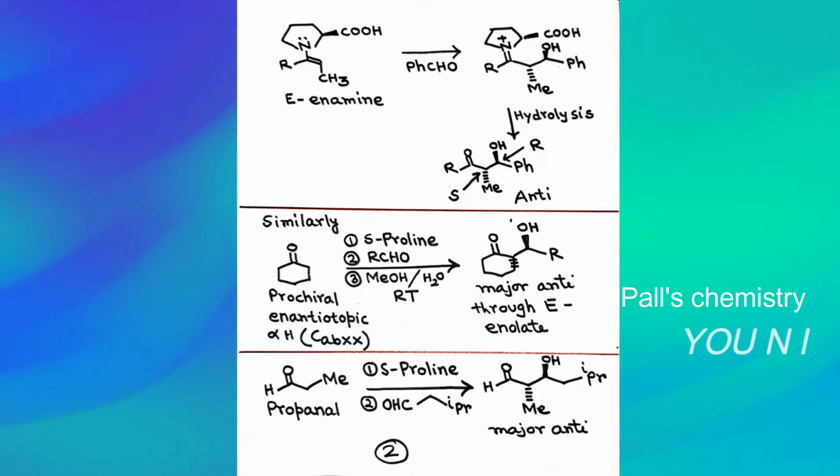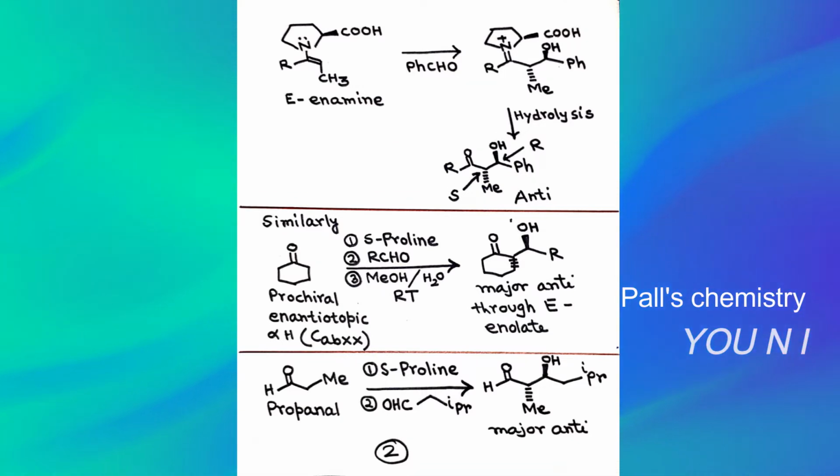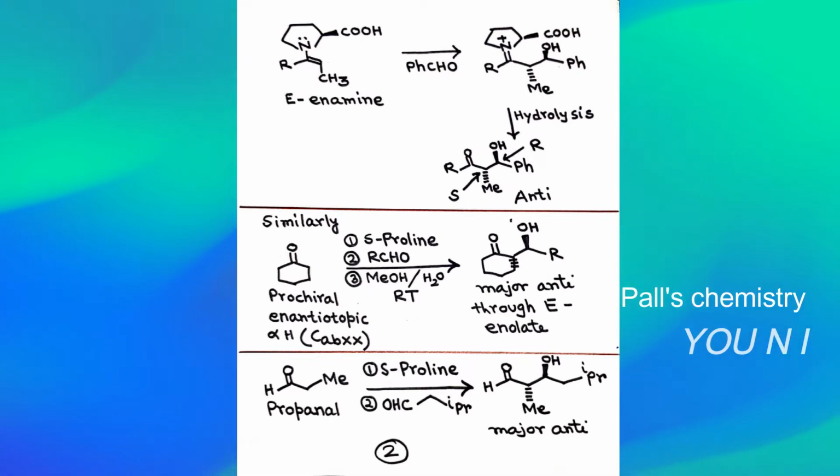If we do the hydrolysis, the C=N will undergo breakage and we will land up with the final crossed aldol product, which does not contain the chiral auxiliary, and the two chiral centers which are obtained have the anti-geometry.